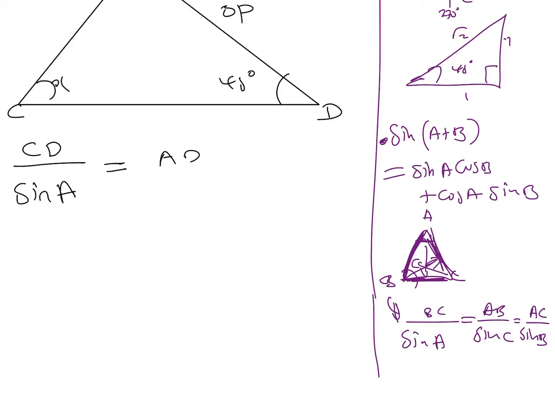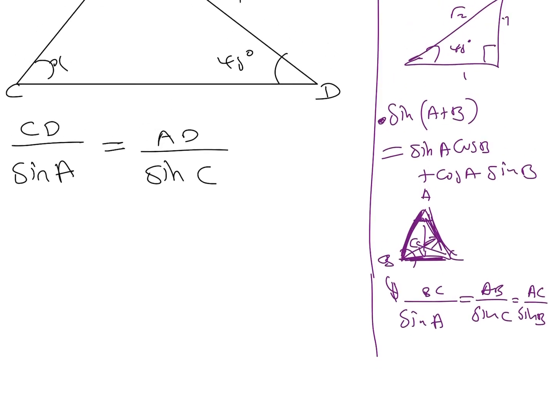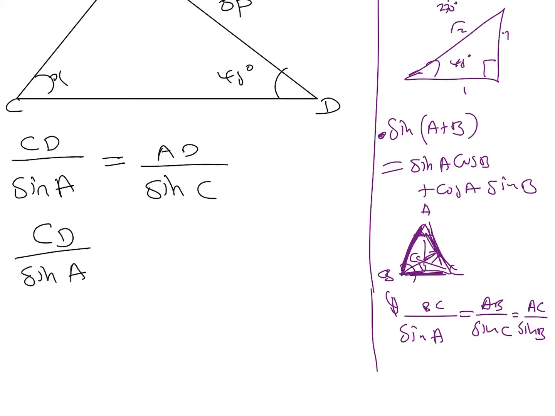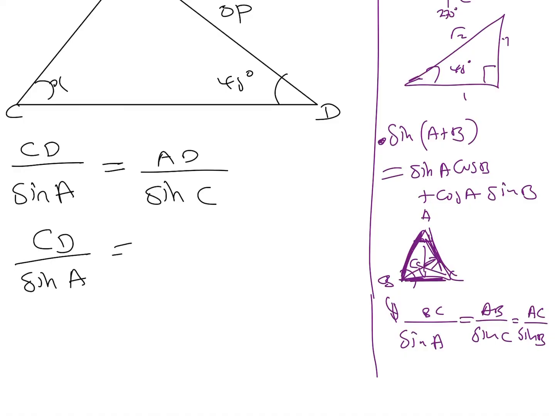We know AD, and we know C as well is x, which is cool. But we don't know CD, and the problem is we don't know angle A as well. We don't know this angle, but we know AD.